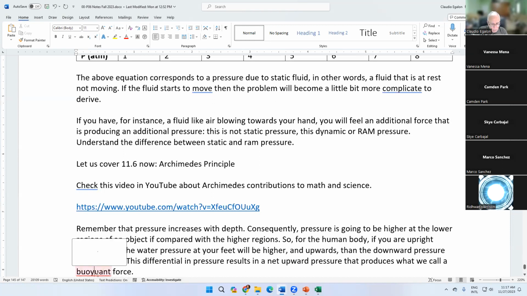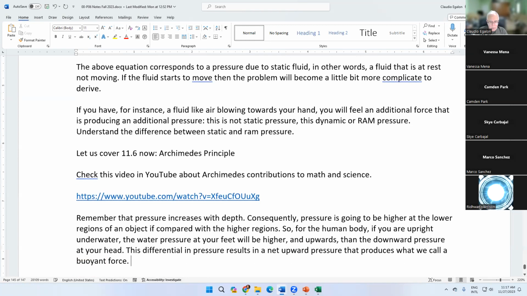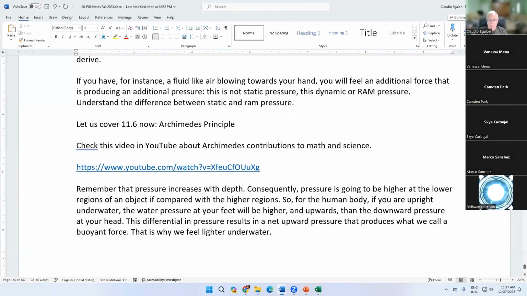Buoyant force. That is why we feel lighter underwater. Right?